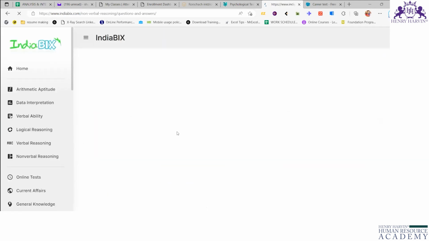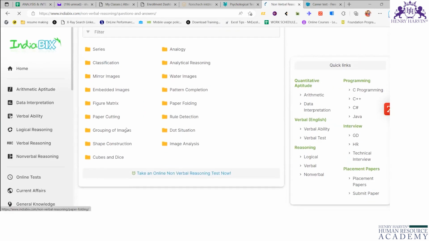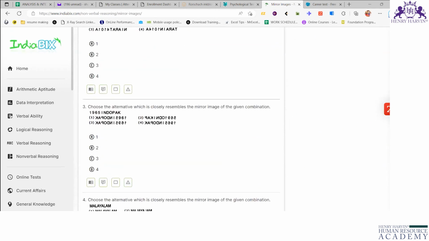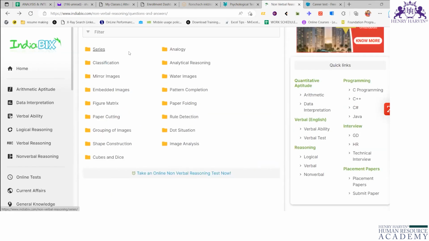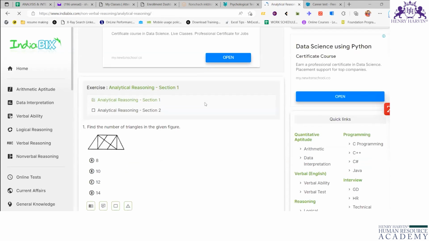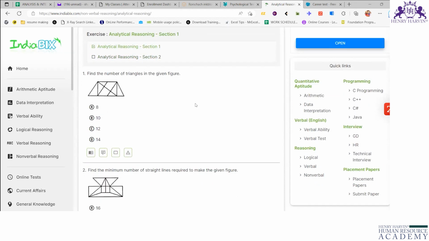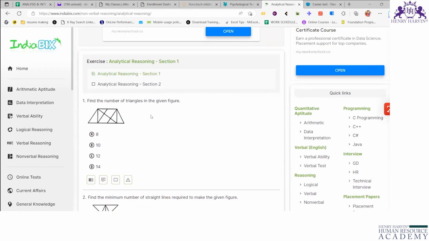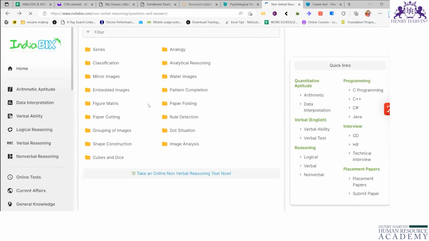Now there can be non-verbal reasoning as well, right? Like mirror images, where you have to tell which image is correct. These are all non-verbal reasoning. There are again different types like series, analogy, classification, analytical reasoning. Such questions can be there to see the analytical skill of the individual.